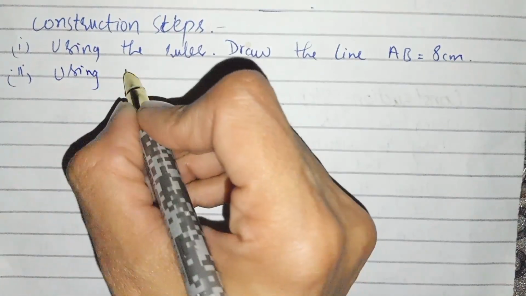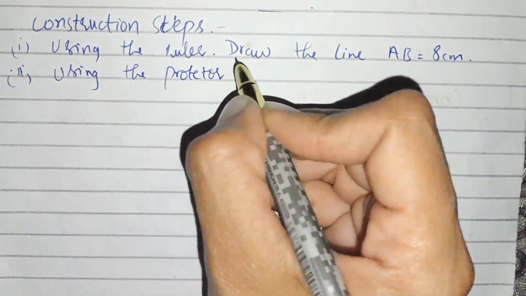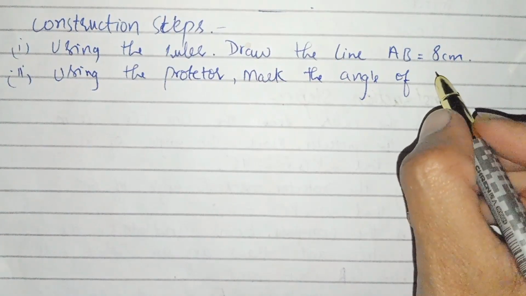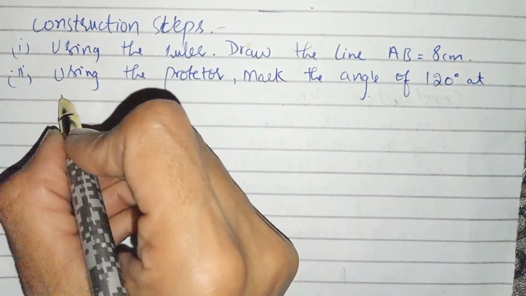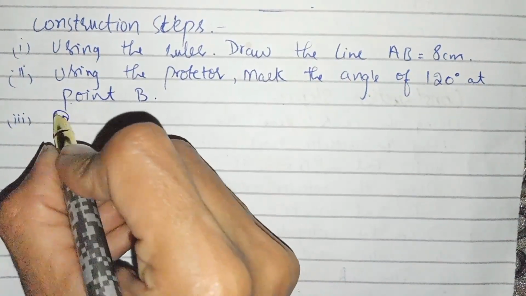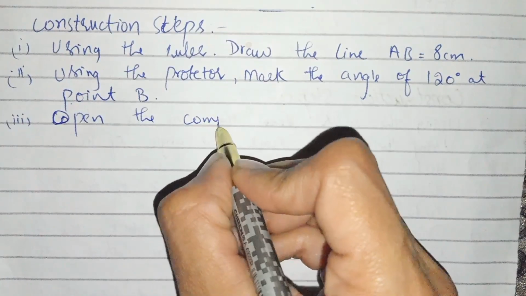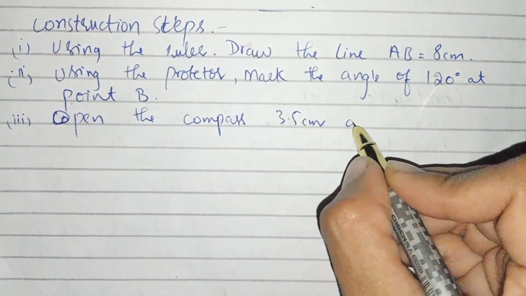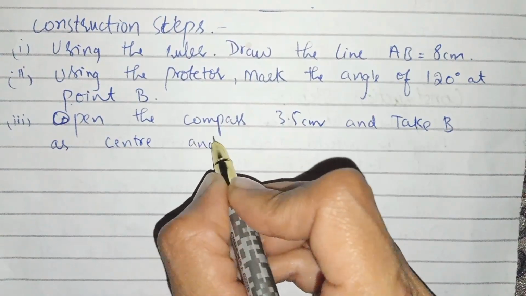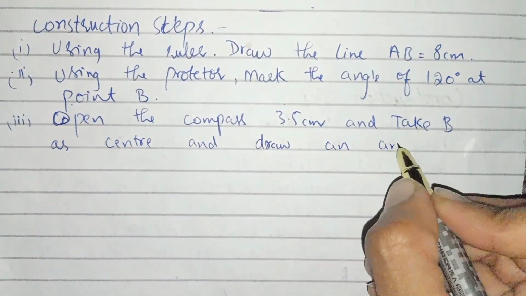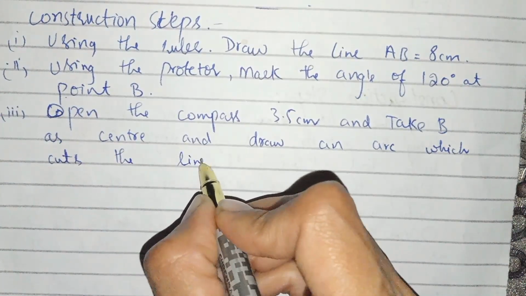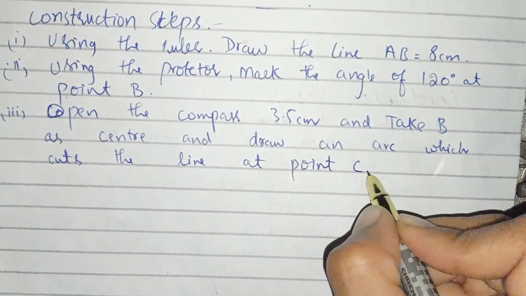Point 2, using the protractor, mark the angle of 120 degree at point B. Now open the compass 5.5 centimeter and take B as center and draw an arc which cuts the line at point C.